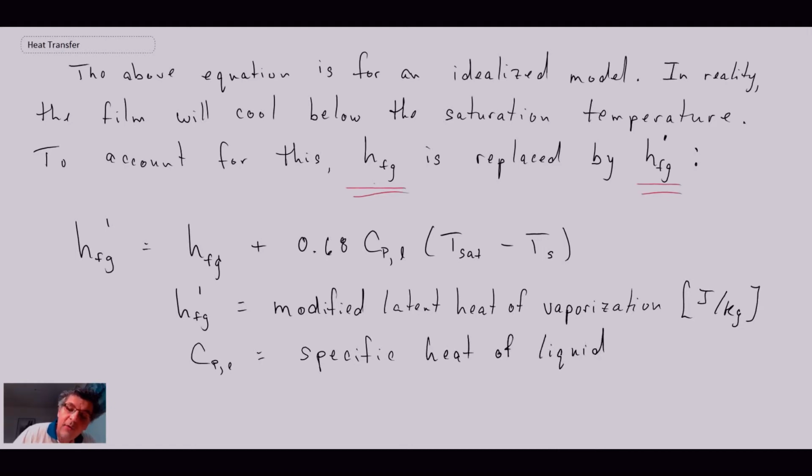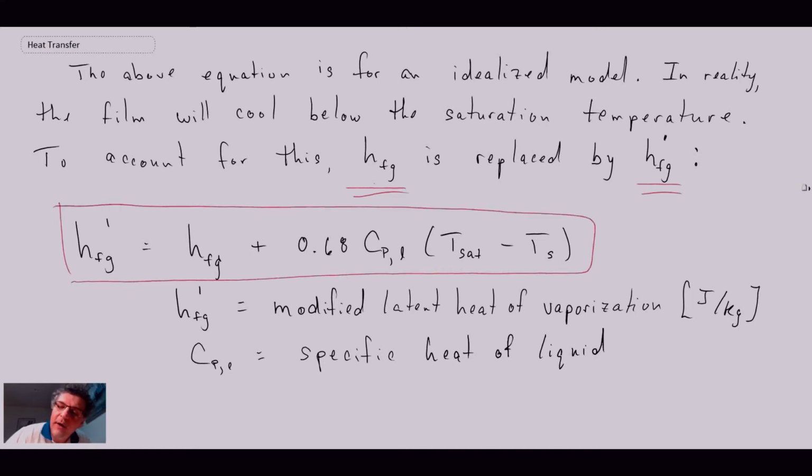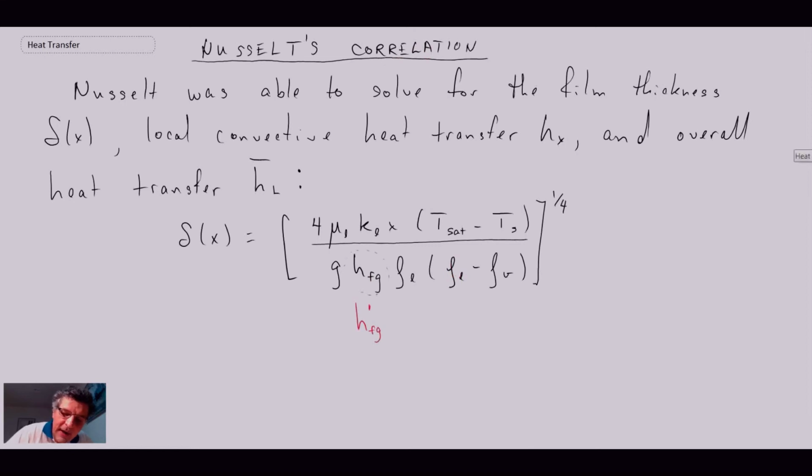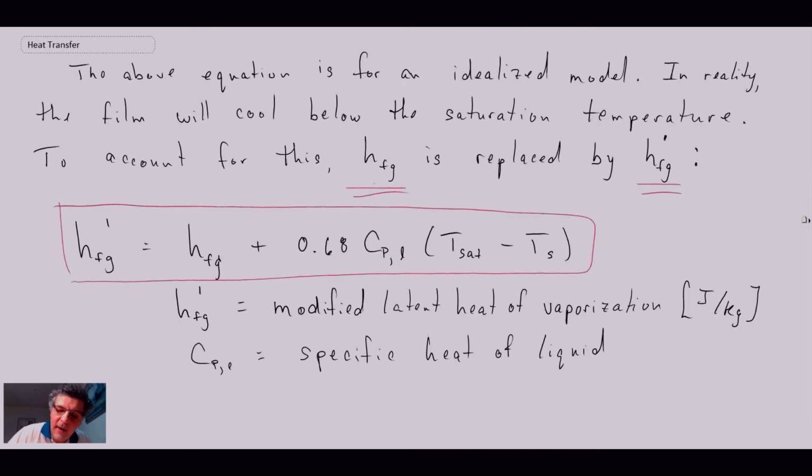So we have this corrected heat of vaporization, and you use it in all of the equations we have just looked at. Here you would use hfg prime, and here you would use hfg prime. Nusselt had done his analysis, kind of simplified, and this is a bit of a correction. So that is the modified heat of vaporization.